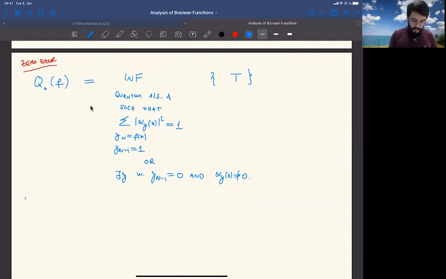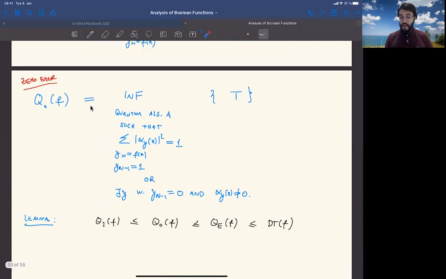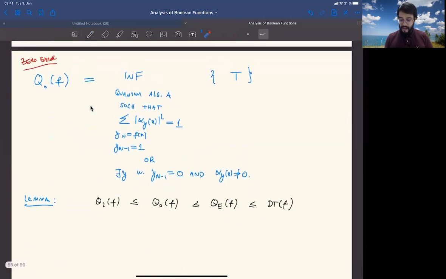A very simple lemma is the following: Q2 of F is less or equal than Q0 of F, less or equal than QE of F, less or equal than the decision tree complexity of F. Well, this is kind of obvious, because the decision tree for F is a quantum algorithm with no randomness and no anything else, because it computes exactly the function.